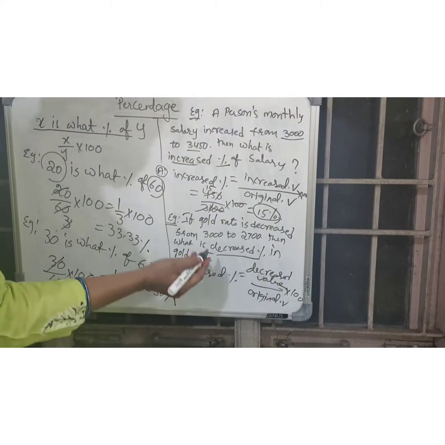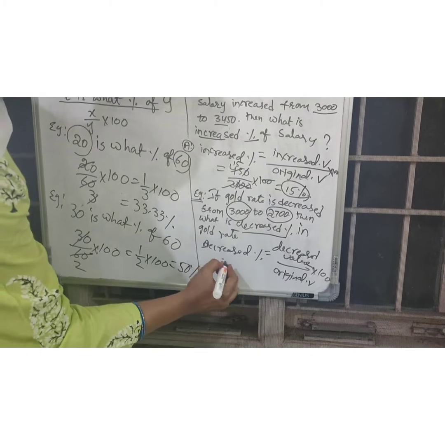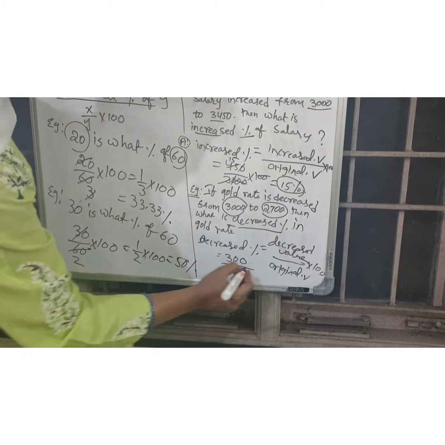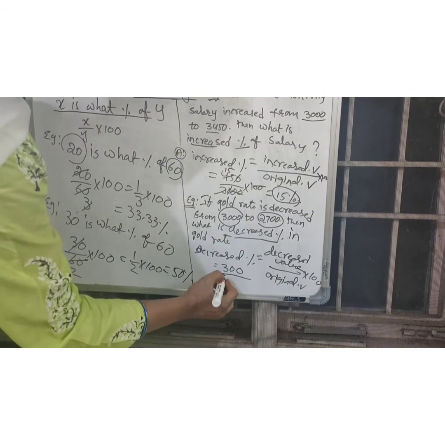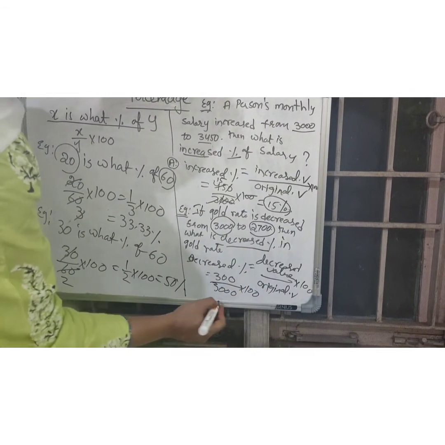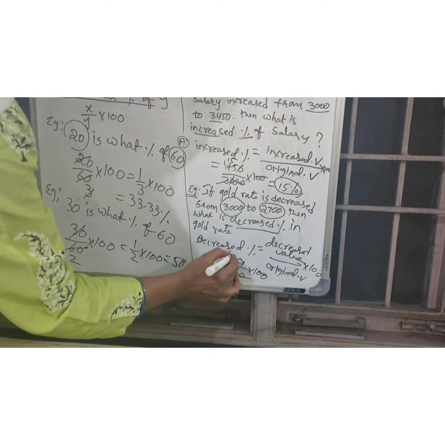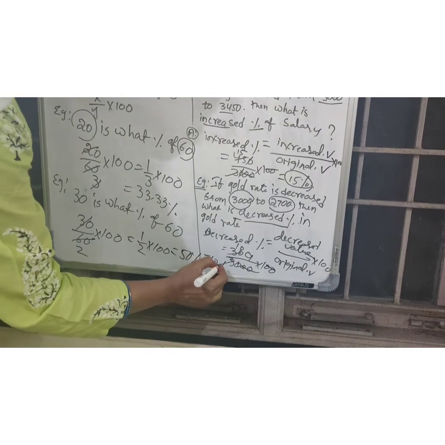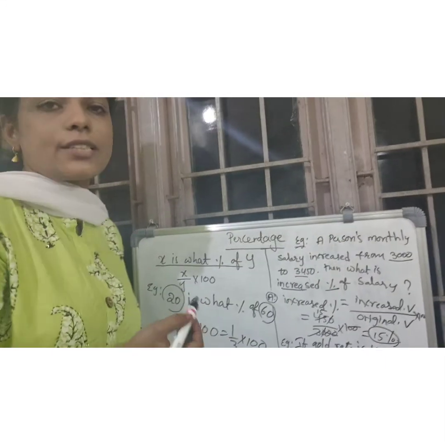How much has it decreased? From 3,000 to 2,700, that is 300. The decreased amount is 300, the original value is 3,000, into 100. That is 10% it is decreased. In this way we can also find increased and decreased percentages.